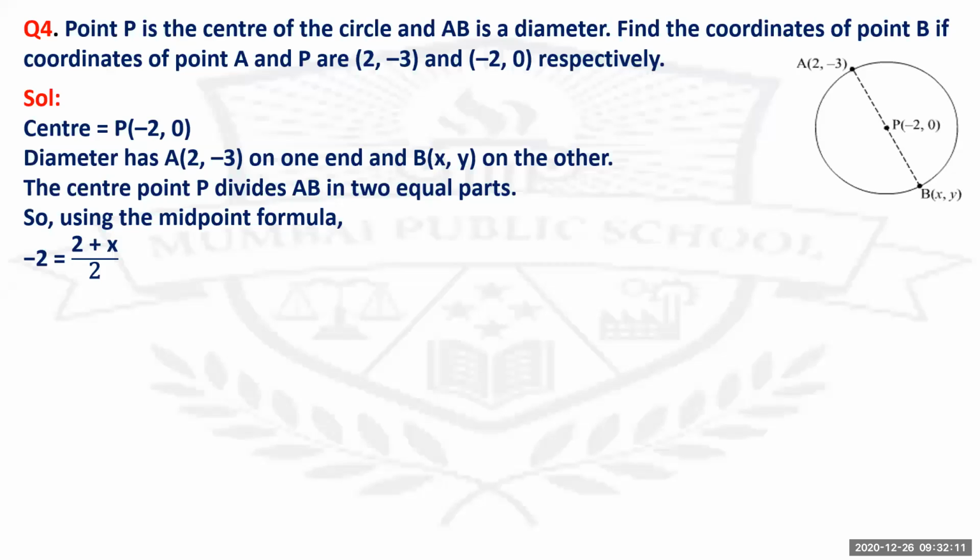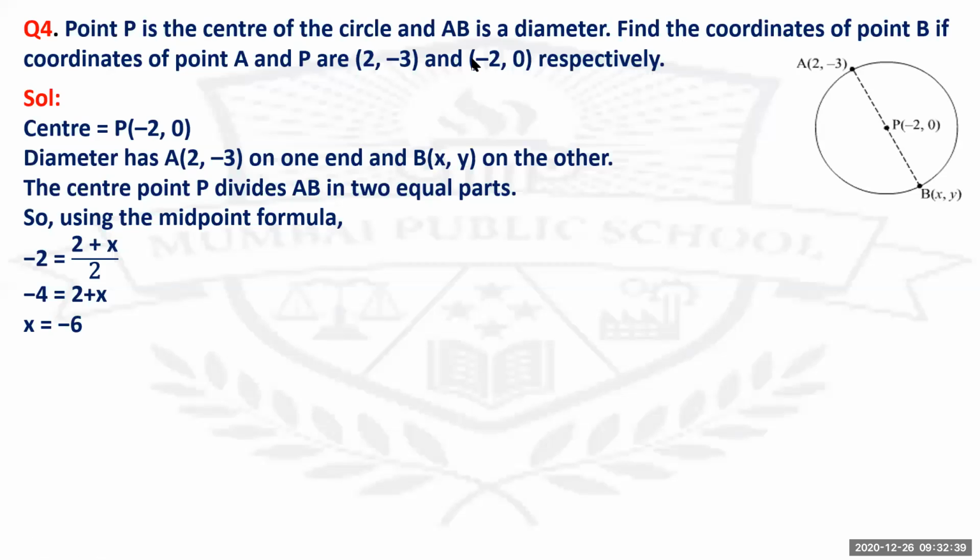Using the midpoint formula, you'll get minus 2 equals 2 plus x upon 2. Cross multiply, you'll get minus 4 equals 2 plus x. Keeping x on one side, you'll get x equals minus 6, because 2 when it goes to the other side becomes minus 2.